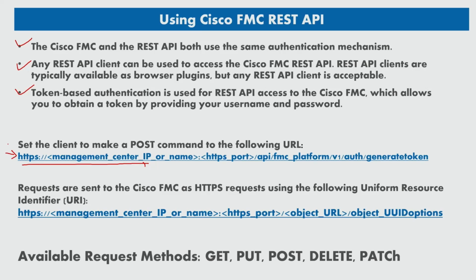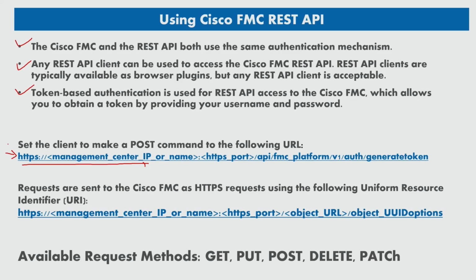The POST body should be blank. In the response, you can find the X-auth-access-token, which you can add in the header of the requests that you make to the API. You can also use the domain UUID from the authentication token, which is the domain universally unique identifier, in all REST requests to the server when needed.